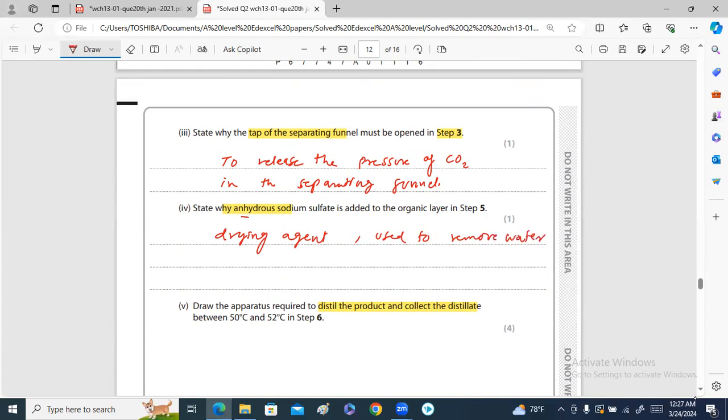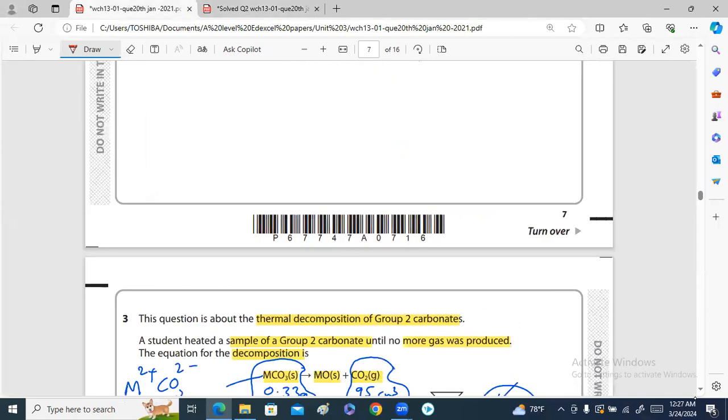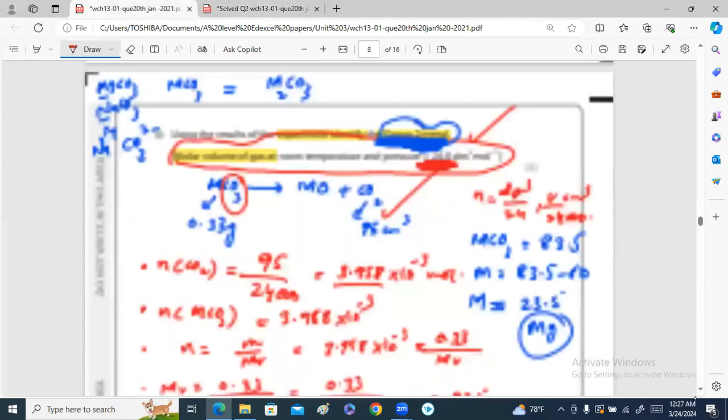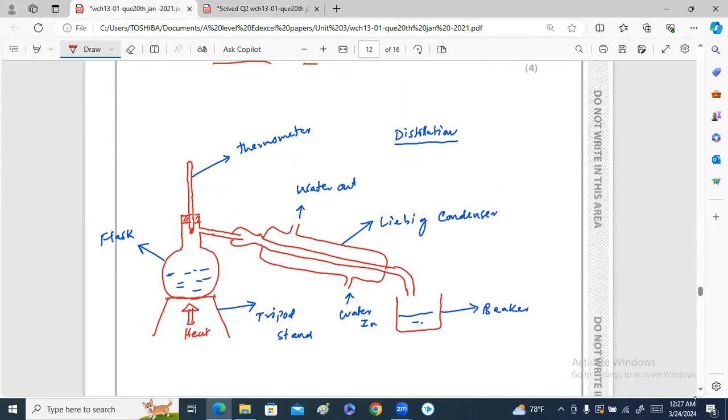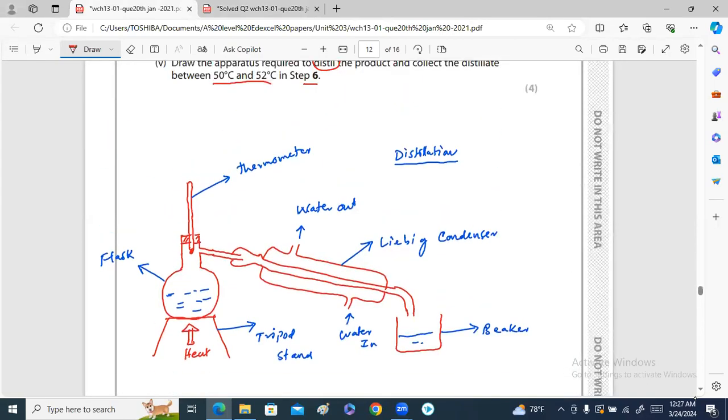Then draw the apparatus required to distill the product and collect the distillate. So look at the apparatus. Okay, this is the apparatus we use for distillation.